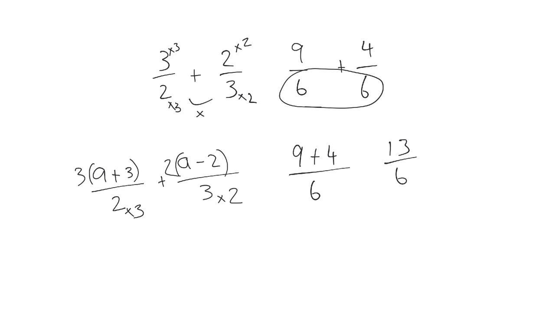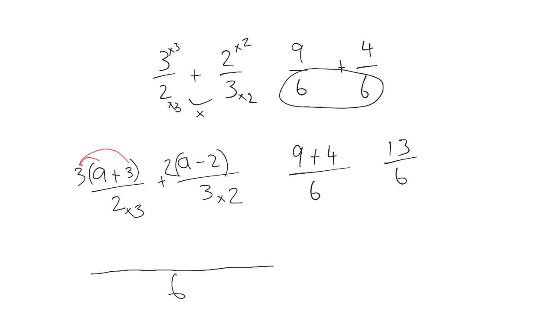So let's go ahead and start working it out. Now, just like we did over here, we can shortcut the next stage of this result by just understanding that 6 is going to be our denominator. Okay, we're going to have a nice long line so that we can fit everything on top. And now we're going to start to multiply everything in the brackets by what is outside the brackets.